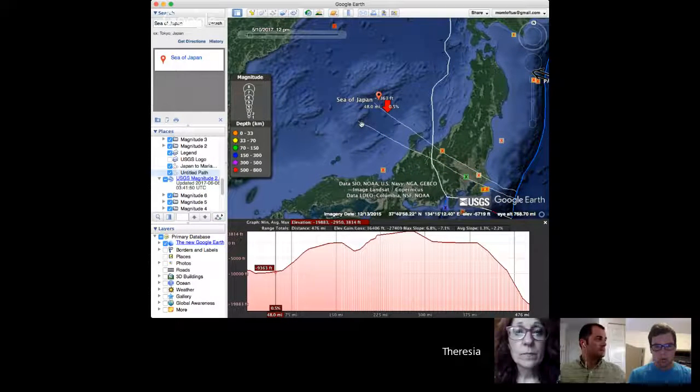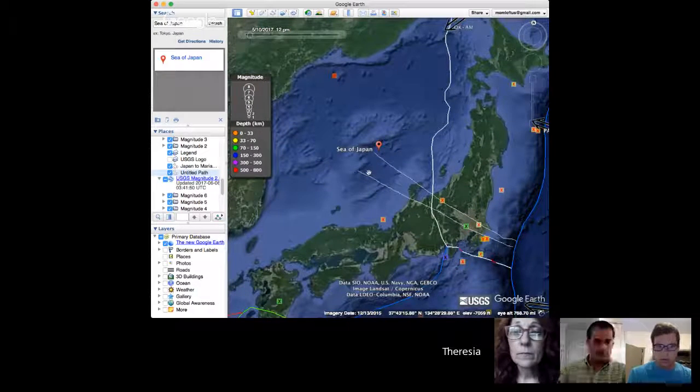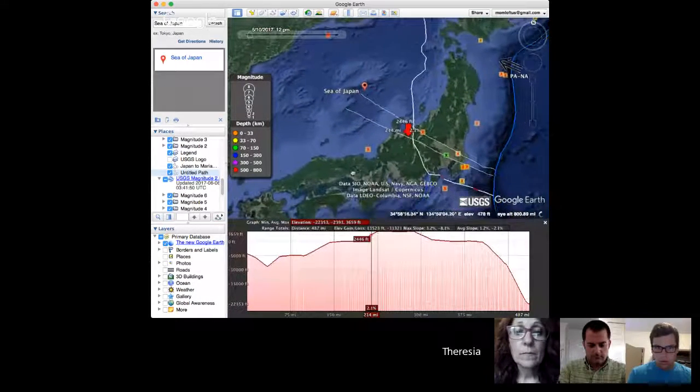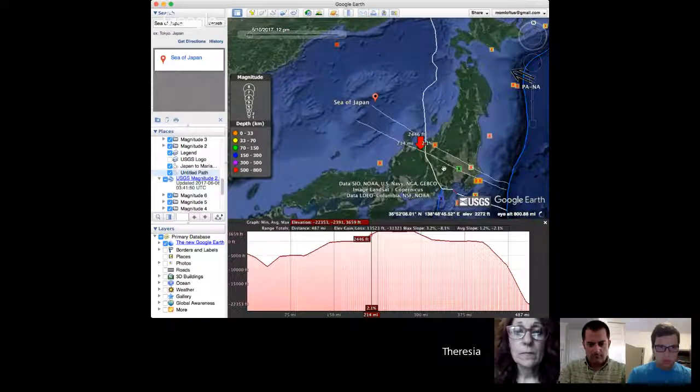All right. So I'm going to close this one. I'm going to open this new one that I made. Show elevation profile. That gives us 3 earthquake points.